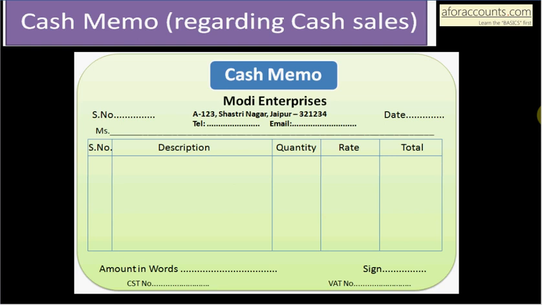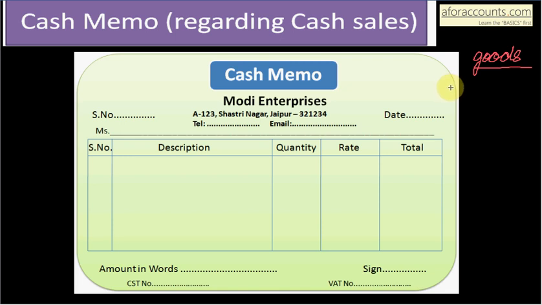A cash memo is a document related to goods, because goods are the only things sold in your regular course of business. We prepare a cash memo in case of cash sales, not credit sales, only in case of cash sales.